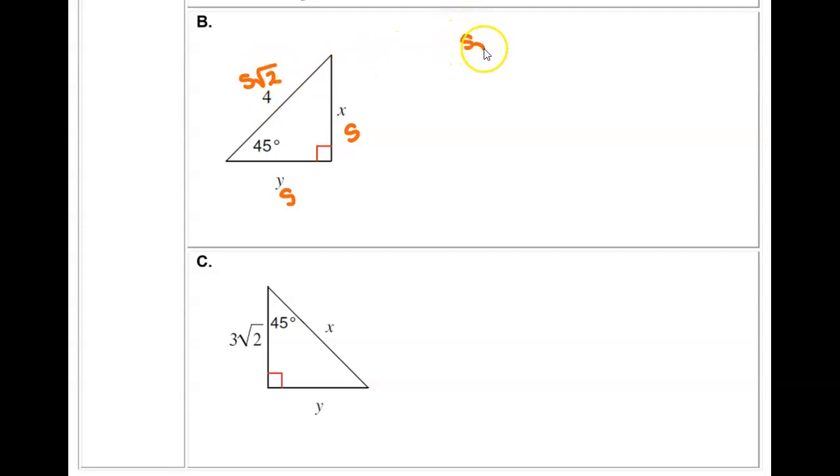So S times the square root of 2 must be equal to 4. So now I'm going to solve this for S. To solve for S, I'm going to divide both sides of my equation by the square root of 2. So S becomes 4 divided by the square root of 2.